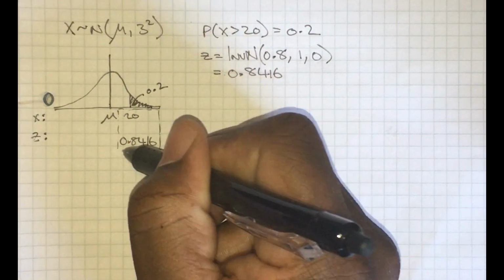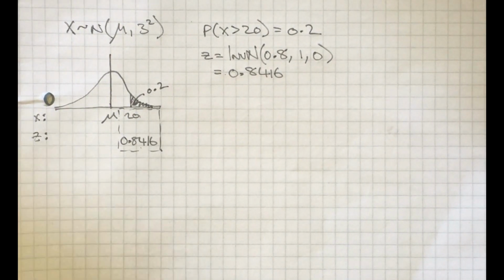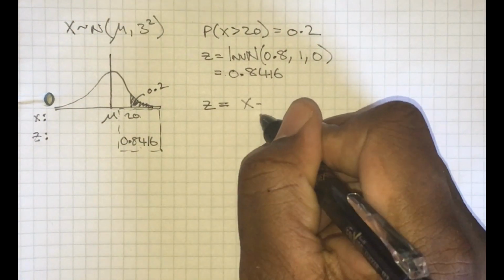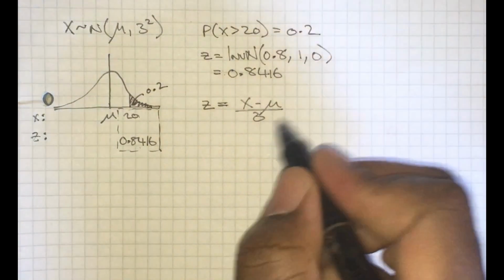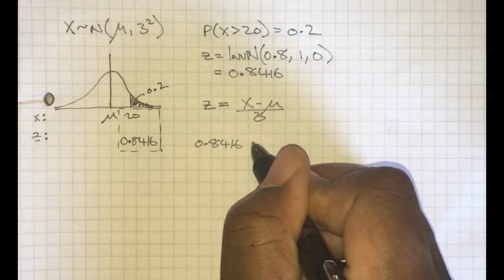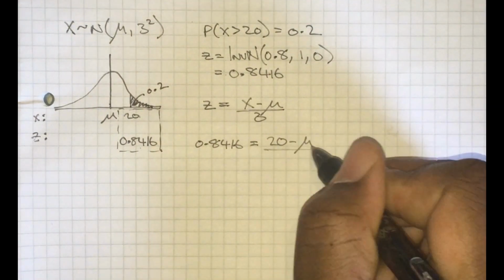These two values, this real world value or x value and this standardized score or z-score, relate to each other. They're linked to each other, and we know how to connect x values and z values, and that's through the standardization formula. So let's go ahead and use the standardization formula.